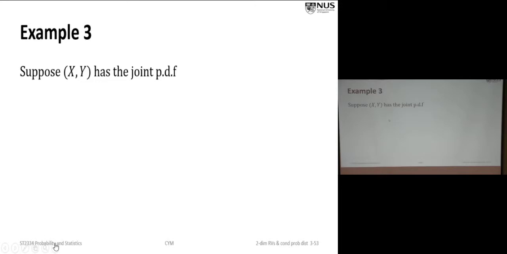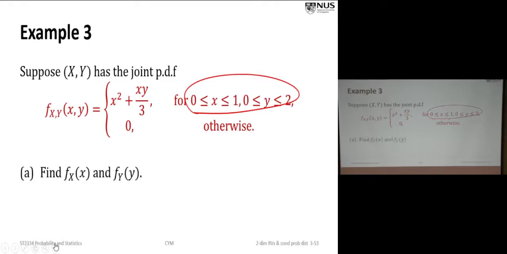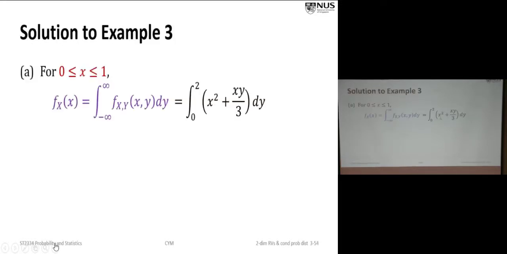All right? Here's another example, but for a continuous distribution. The joint PDF is defined over this rectangular area, x between 0 and 1 and y between 0 and 2. We find the marginals and the conditional distribution. So we just do the integration. For the marginal, whenever x is between 0 and 1, why do we consider this?